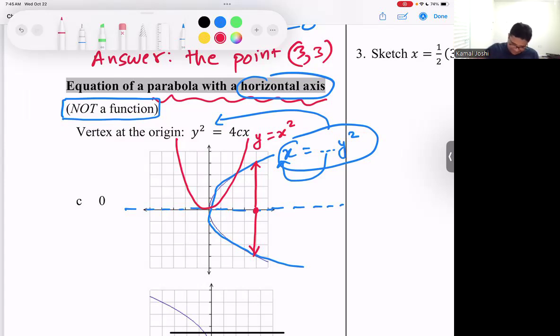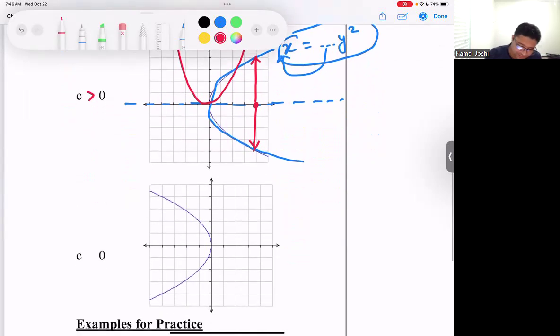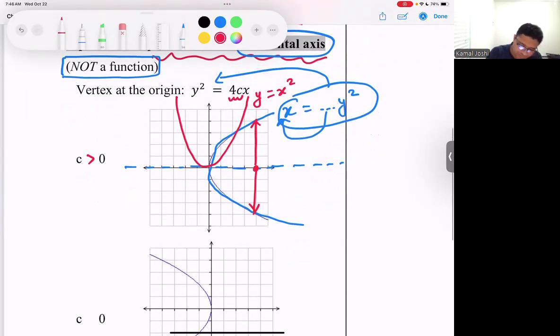It is on the right side. So in that case, that c has to be greater than 0. X is positive, c is also positive, hence you get the parabola on the right side. And by the way, the vertex is at the origin. If you plug in x equal to 0, y will also be 0. So the vertex would be here at the origin.